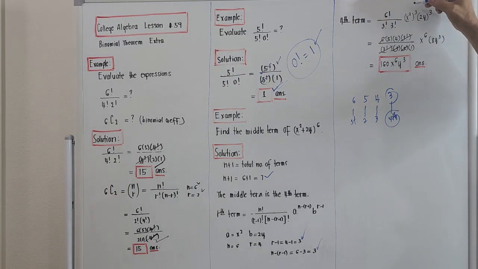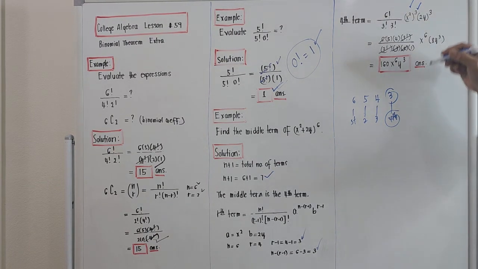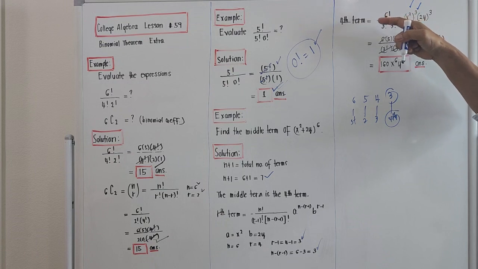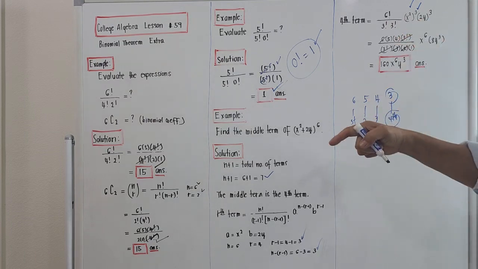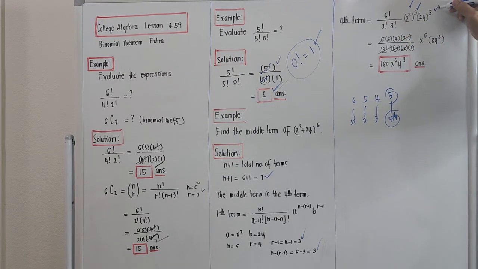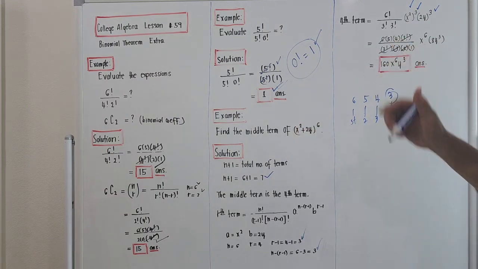So this is x squared raised to the third power, right? The second term is 2y. Since the total value of n is actually 6, 6 minus 3 will be 3. So the exponent of the second term will be 3, because 3 plus 3 is actually 6. It should tally with the given n.